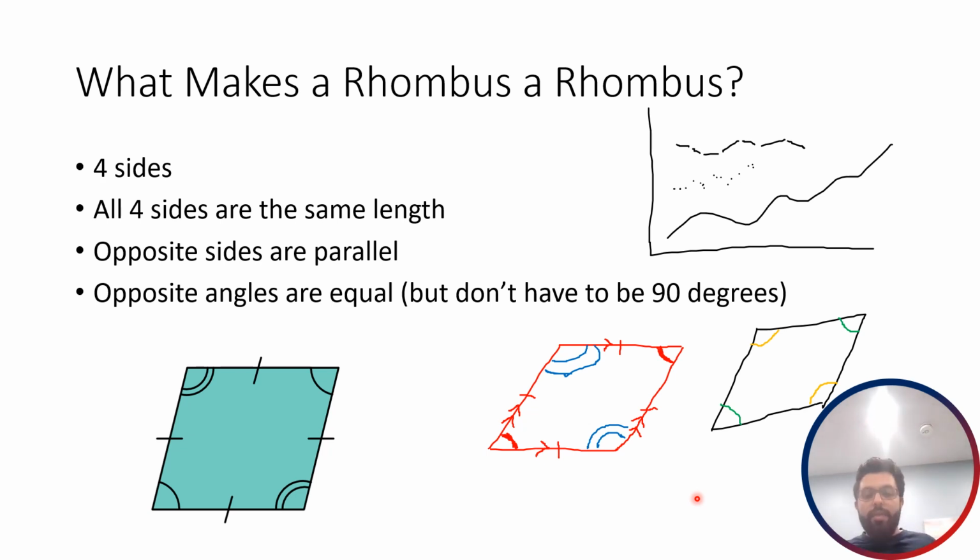So a general rule of thumb, even on your tests and quizzes, if you're writing in just pencil, then you're going to have to do different numbers of arcs, right? One arc for the red ones and two arcs for the blue ones. But even if you have other pens or markers or crayons or colored pencils, whatever you want to use to add a little bit of color, I would still recommend that you also do the two arc thing, just in case somebody who's marking it, or looking at it later, is trying to do so in very poor light, or maybe they're colorblind and you don't know it.